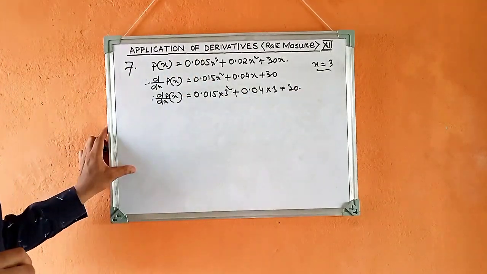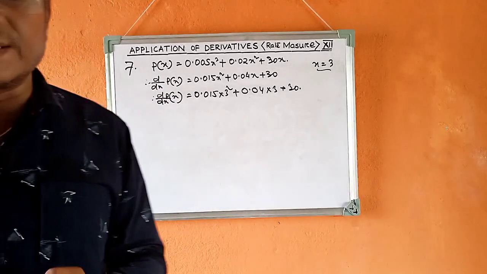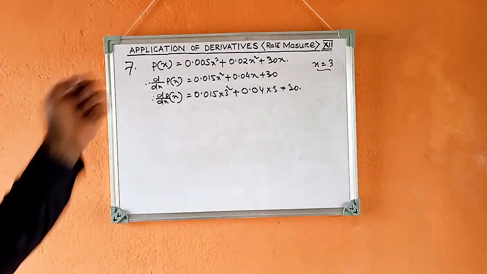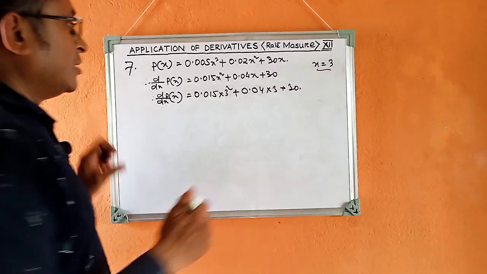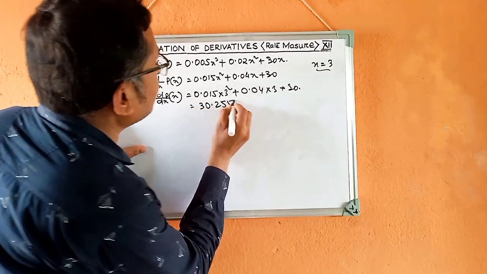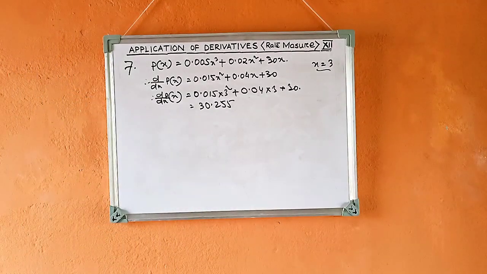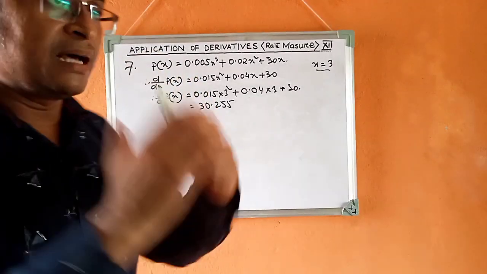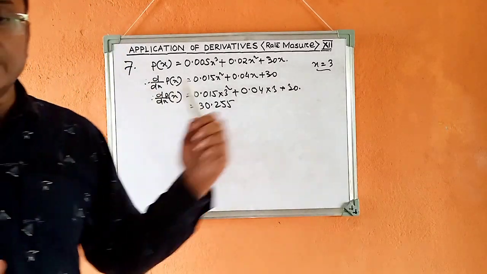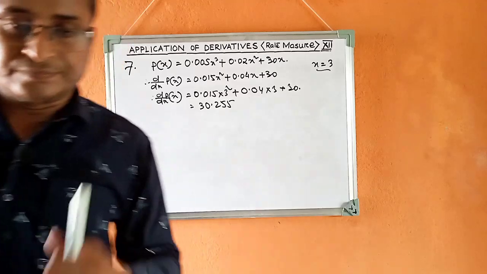So after calculation we get 30.255. That is the marginal increase of pollutant when 3 diesel vehicles are included.